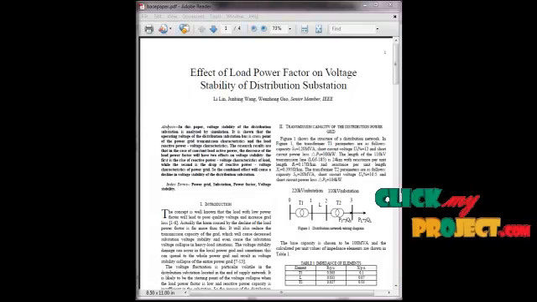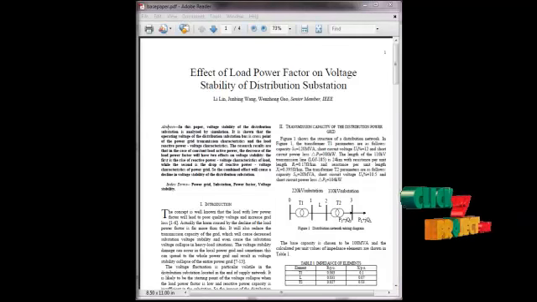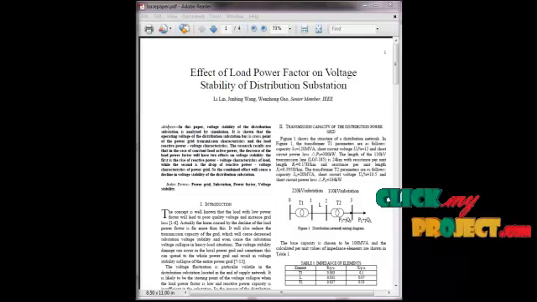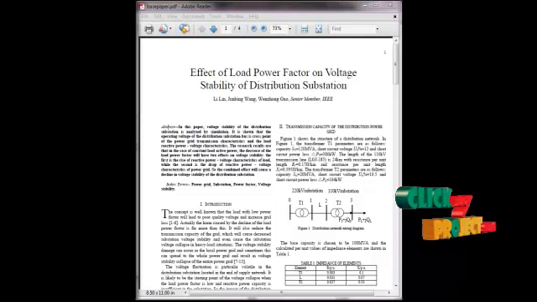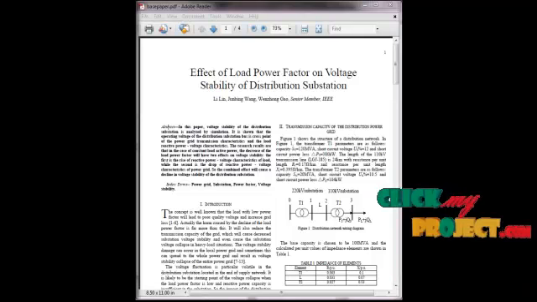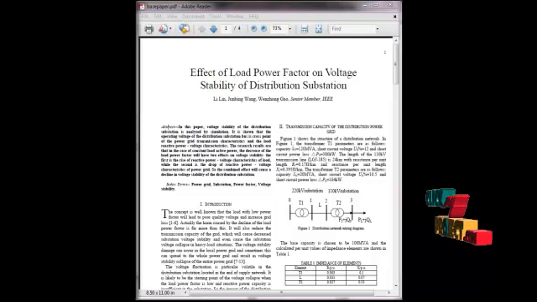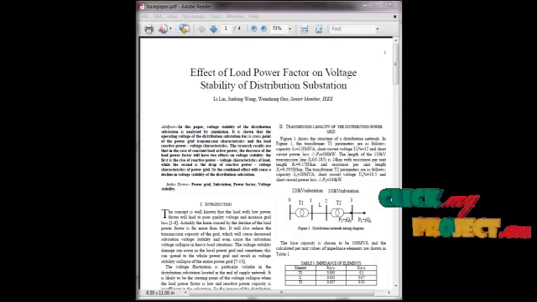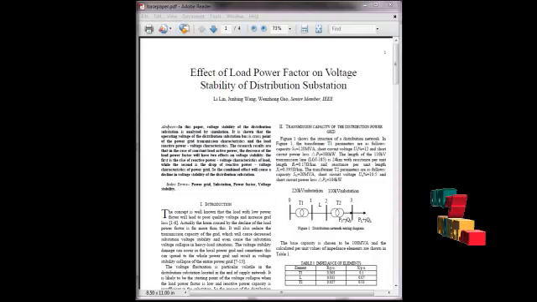The basic function of voltage regulation in distribution system operation is to keep the steady state voltage in the system stable within an acceptable range all the time. The desired voltage can be obtained either by directly controlling the voltage or by controlling the reactive power flow, which in turn will affect the voltage drop.